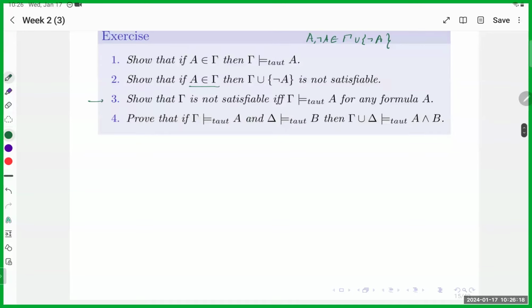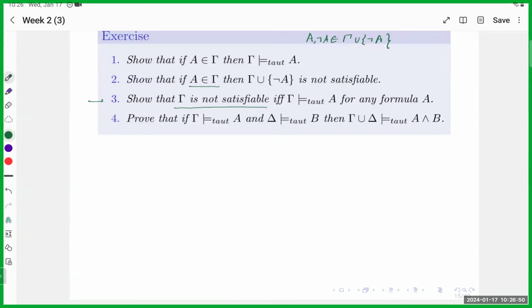Show that gamma is not satisfiable if and only if gamma tautologically implies A for any formula A. This is important actually. If gamma is an unsatisfiable set, then you can prove anything.